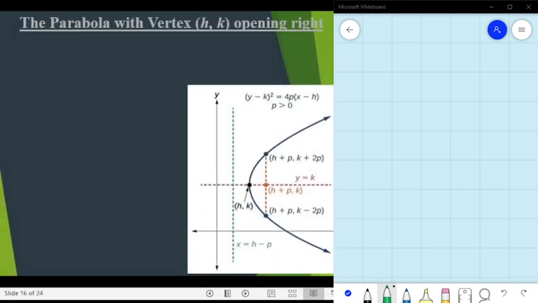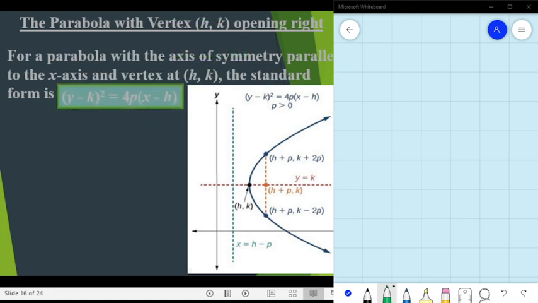Then when the parabola with vertex (h, k) is opening right, okay, so kay opening right man, ang na-squared here is the y, so that is why we have quantity (y minus k) squared is equal to 4p quantity (x minus h). So kay to the right man, then positive ang imong p. So in this case, ang mag-equal na pod nga part sa vertex and the focus, pareha na pod sila og k.